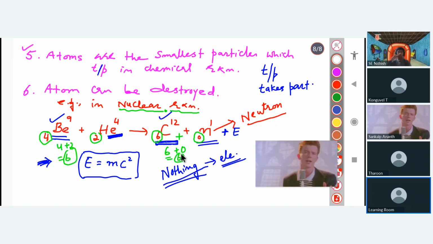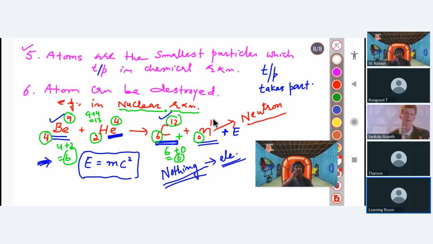First, remember how to balance this. What I am saying, you just focus on that. So it is now 6 here, and here it is 0. So 6 plus 0 is 6. So that is why 6 here and 6 also here. So it is balanced. Now, the same is the case for mass. 9 is the mass here, and here it is 4. So 9 plus 4 is how much? 13. And similarly, here 12 plus 1, that's also 13. So this is how to balance nuclear reactions. You will not add any carbon or beryllium on either the reactant side or product side.